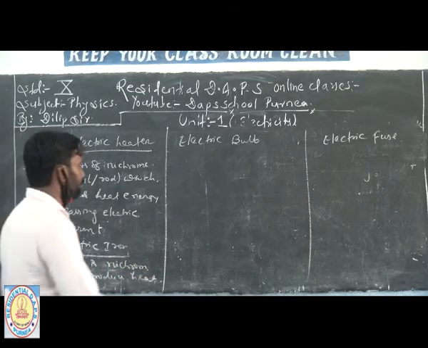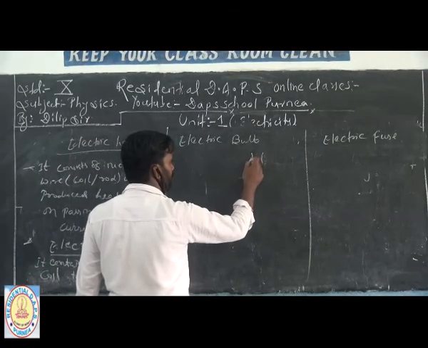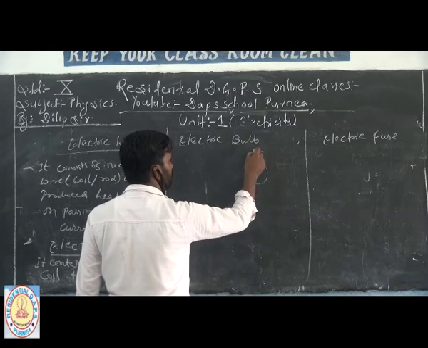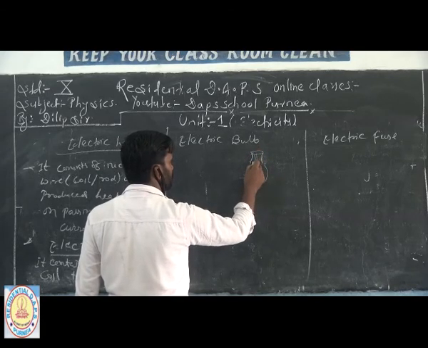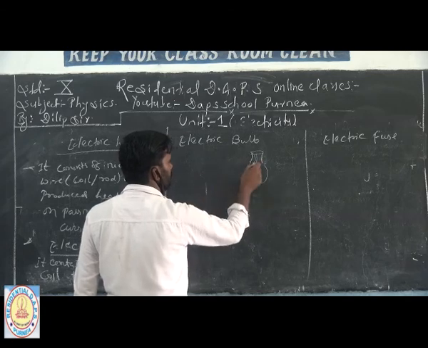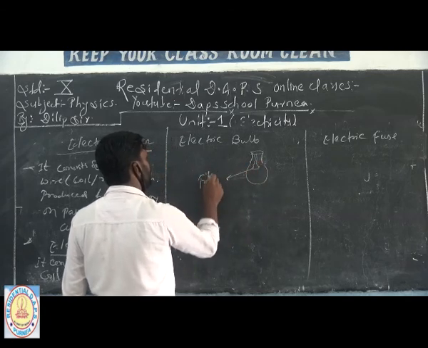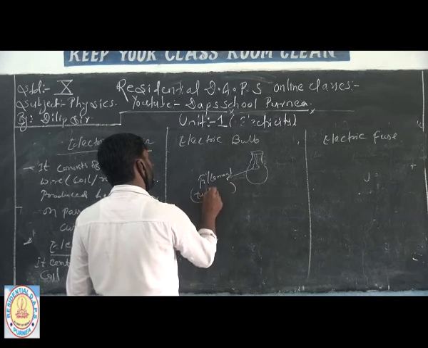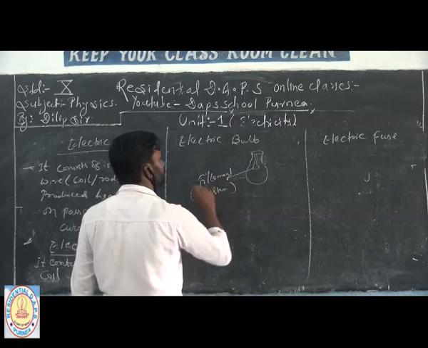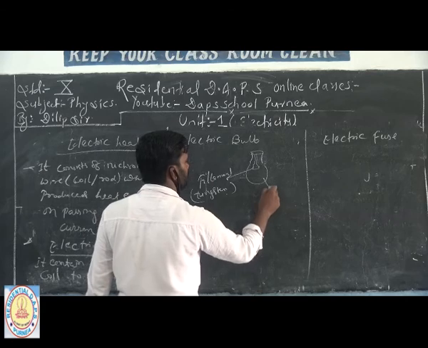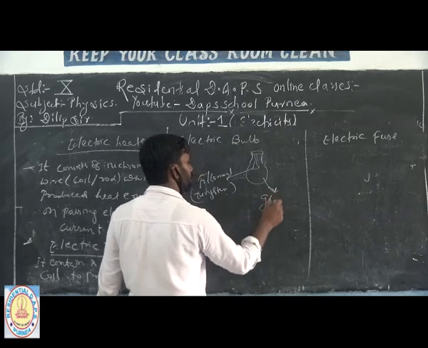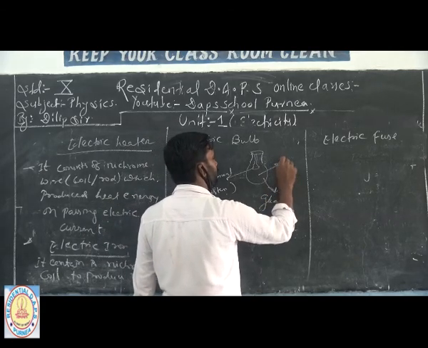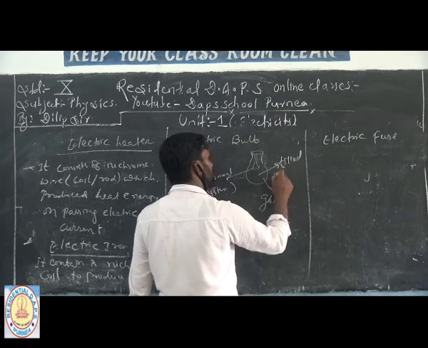An electric bulb consists of three parts. This is the filament made of tungsten. This is the glass, and it is filled with inert gases.